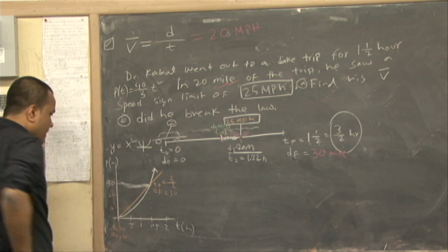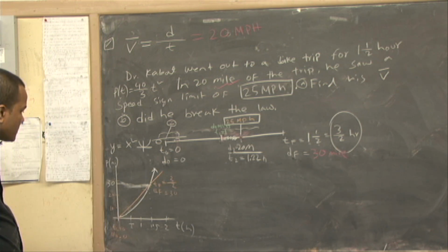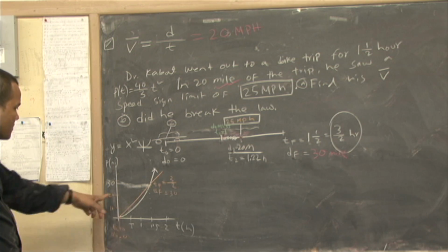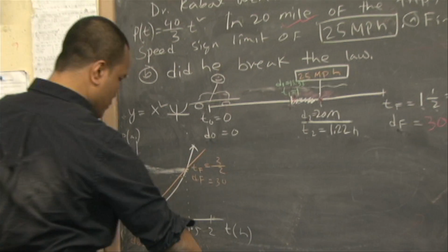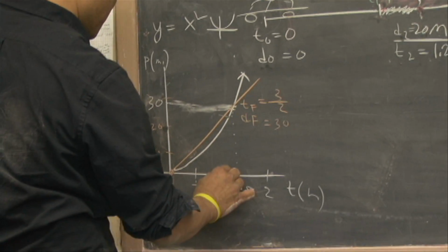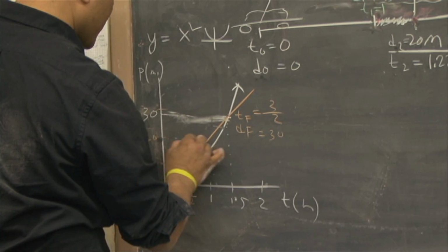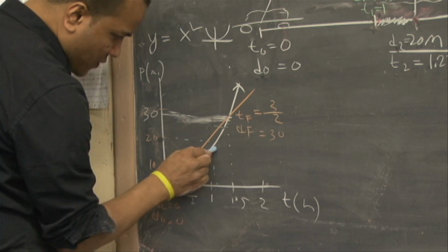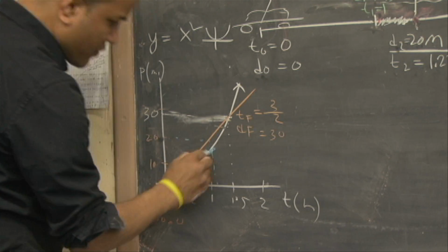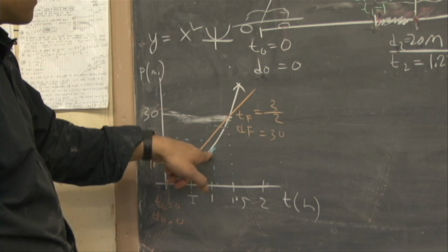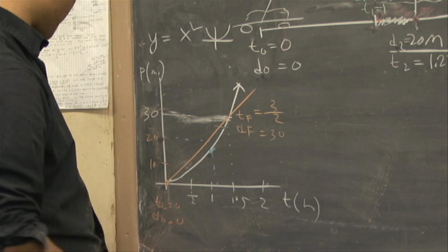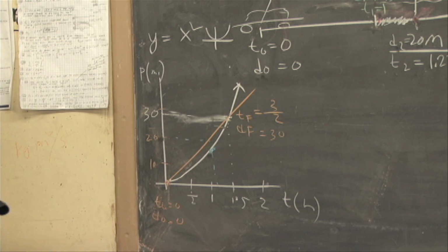Now, we want to know what was happening when he was at 20 miles. 20 miles is at 1.22 hours, somewhere right here. We want to know what was happening right here, not here. That's what Newton did.